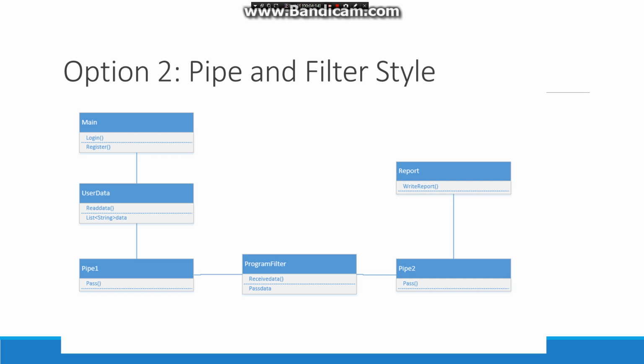The main has login and register, the user data has the read data function, and the list string data list. I use a list array as the data structure to store the user data and pass it from the components to the pipes and to the final program filter.